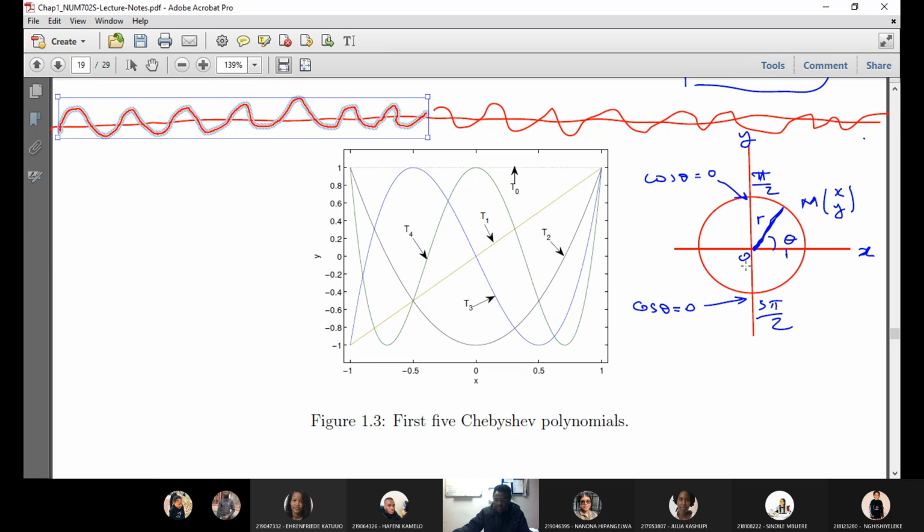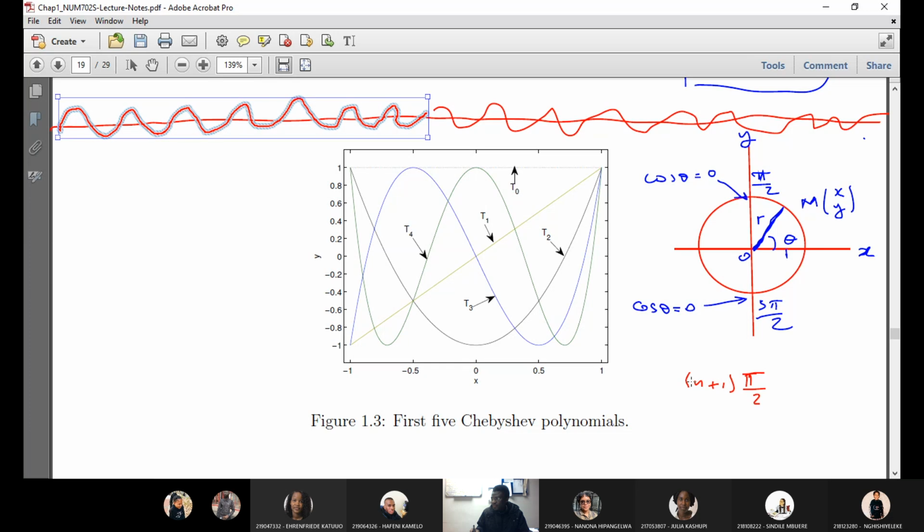Okay, by periodicity, for these 2 points, I can write the general formula. I can write that as n plus 1 pi by 2, and this n is odd.